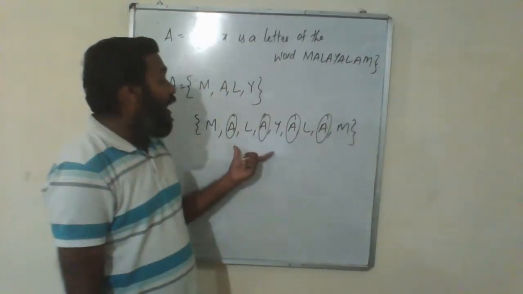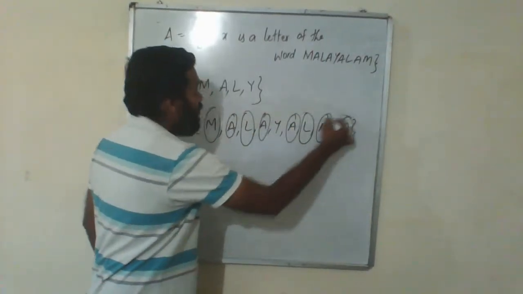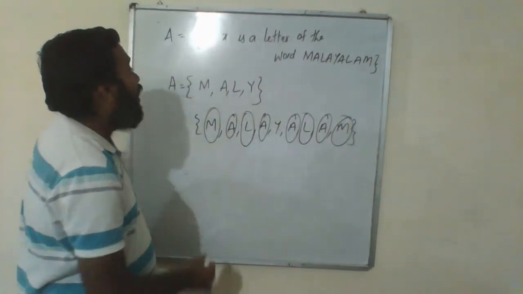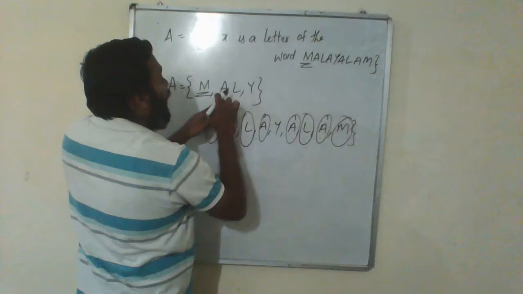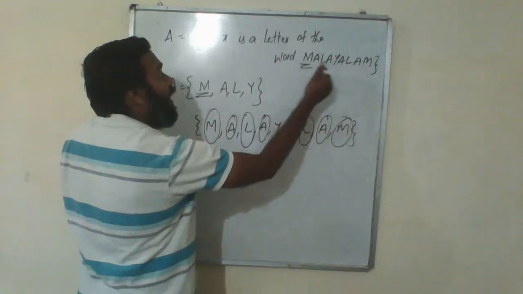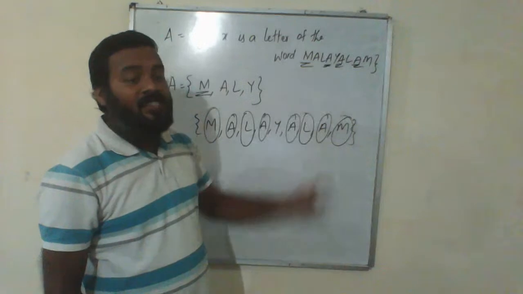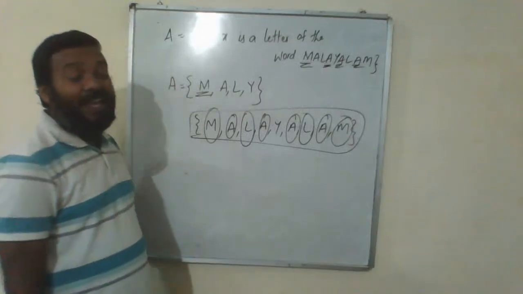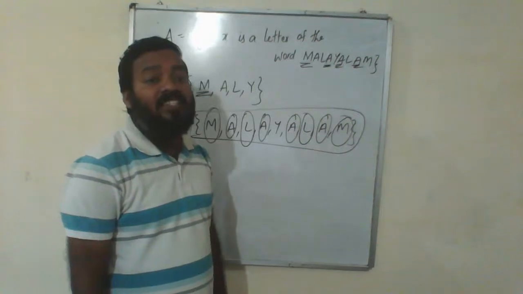You have to consider A only once, L only once, M only once. That's why M, A, L, Y. M is a letter of this word, A is a letter of this word, L is a letter of this word, Y is a letter of this word. Again, A is always an element of that set, so you should not write repeated elements in the set.